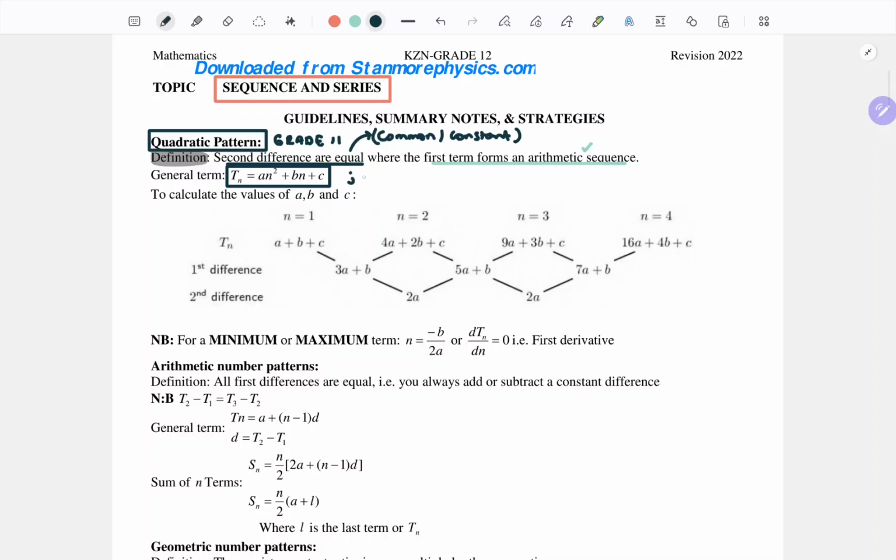We need to know importantly that n is an element of the natural numbers. What are natural numbers? This is 1, 2, 3, 4, and it goes to positive infinity. In essence, these are positive integers.